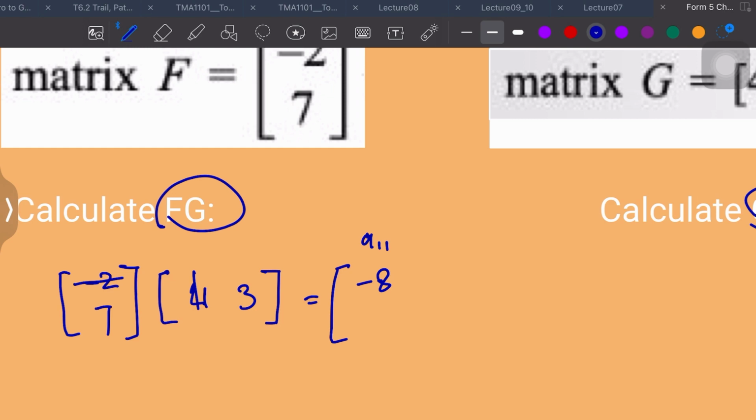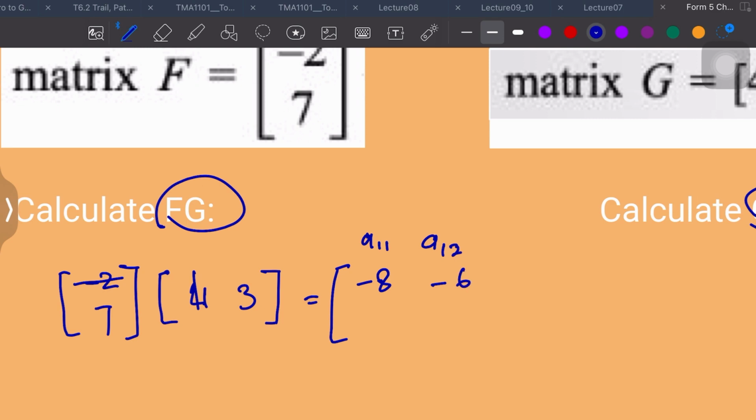And then we want to search for the first row, second column. -2 multiplied by 3 is -6.